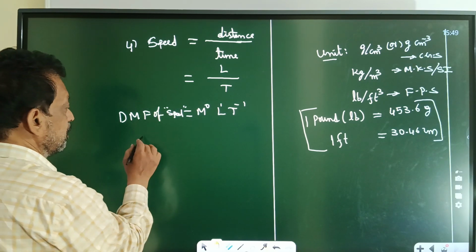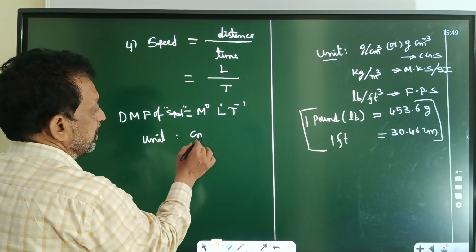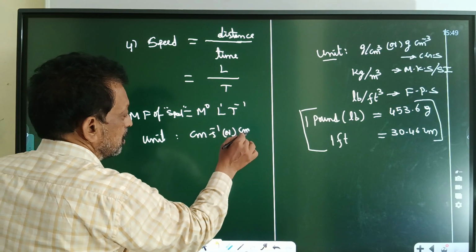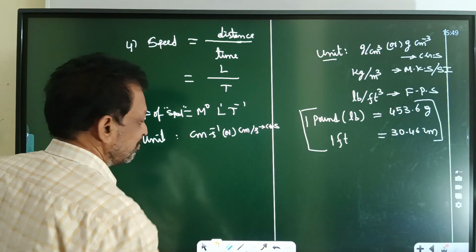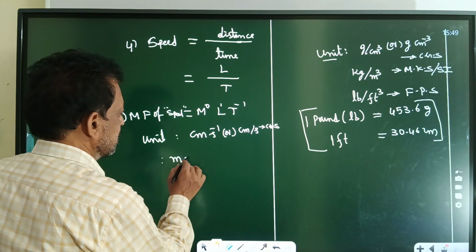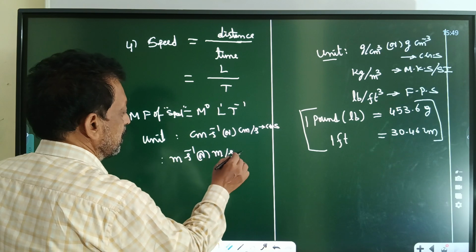Now you write the unit, it is easy to write. Centimeter second raised to minus 1 or centimeter per second is the CGS system. In MKS system, meter second raised to minus 1 or meter per second.